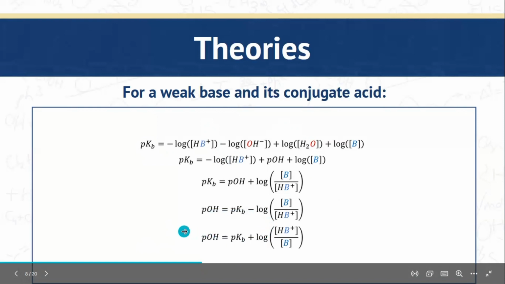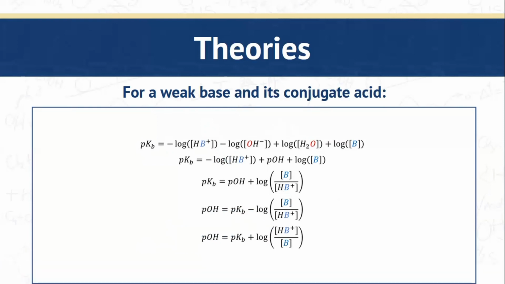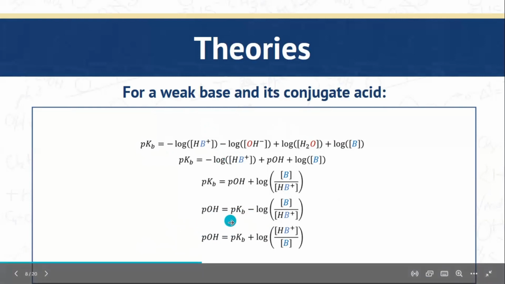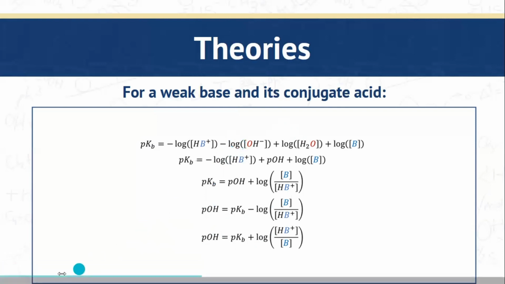This is the Henderson-Hasselbalch equation for a weak base and its conjugate acid. So if we know the value of the Kb or the pKb, and we know the concentration of the conjugate acid and the base, we can solve for the pOH. Moreover, if we know the pOH, we can solve for the concentration of the hydroxide in the solution.